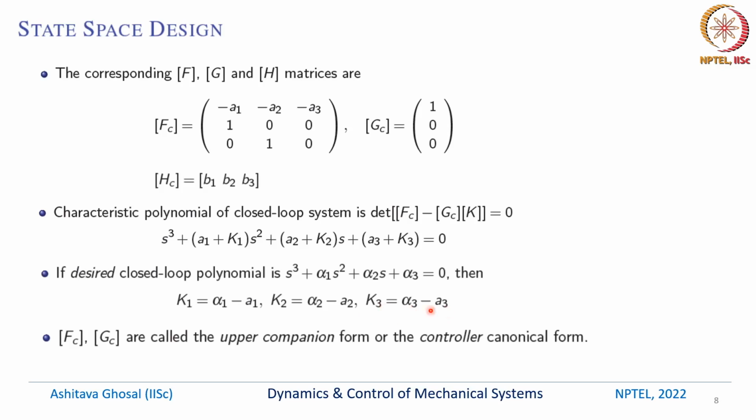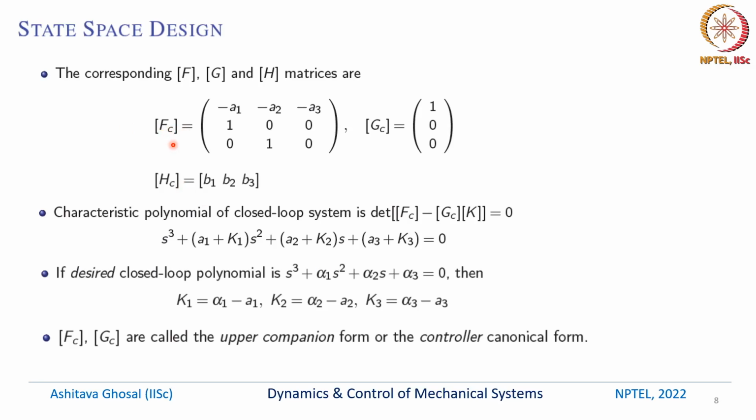So hence, if the matrix F and the matrix G and the matrix H can be written in this form, these are very easily used to obtain K1, K2, K3. A matrix F written in this form, where the first row is minus A1, minus A2, minus A3, and so on, is called the upper companion form, or also the controller canonical form.